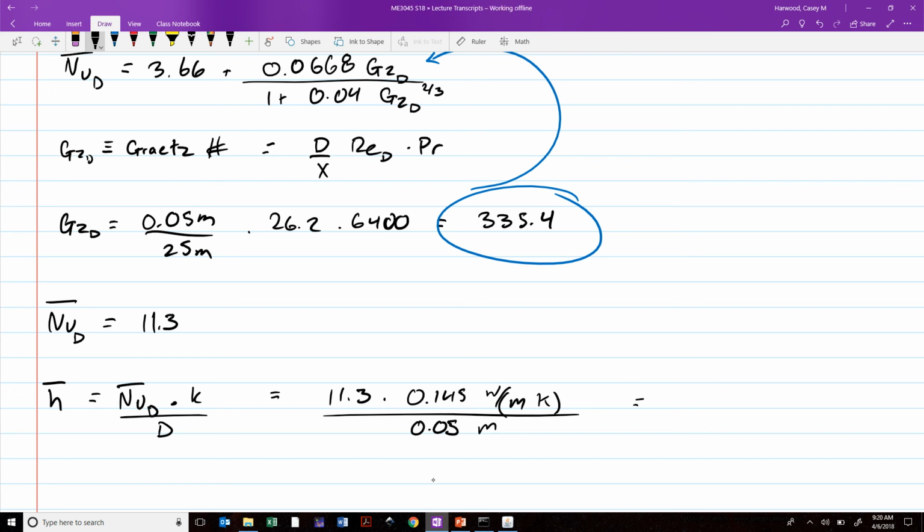So this should give us a value of 32.77 watts per meter squared Kelvin.